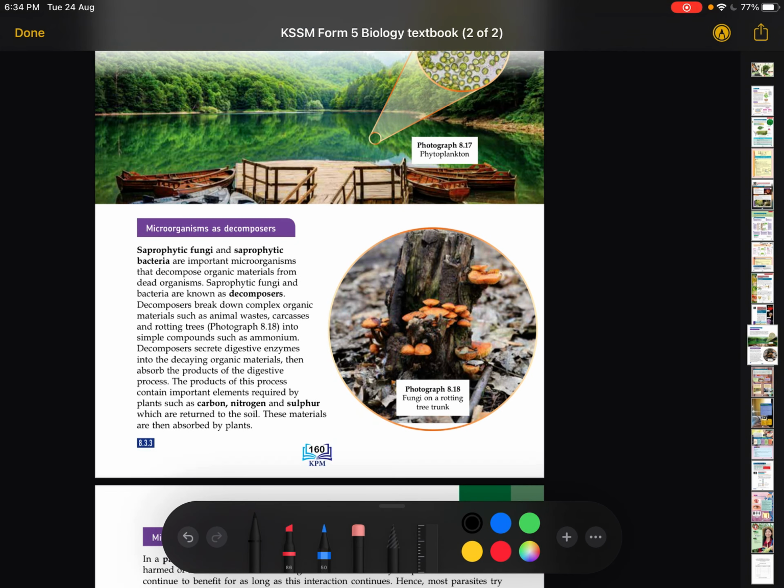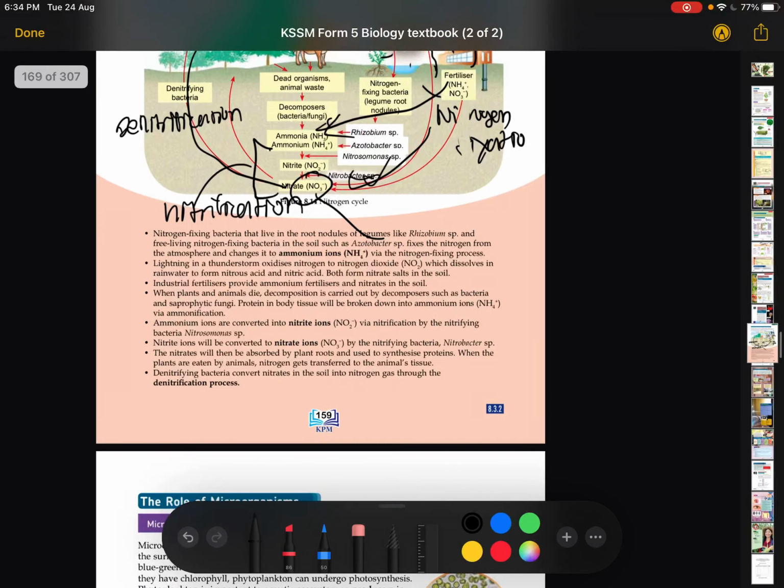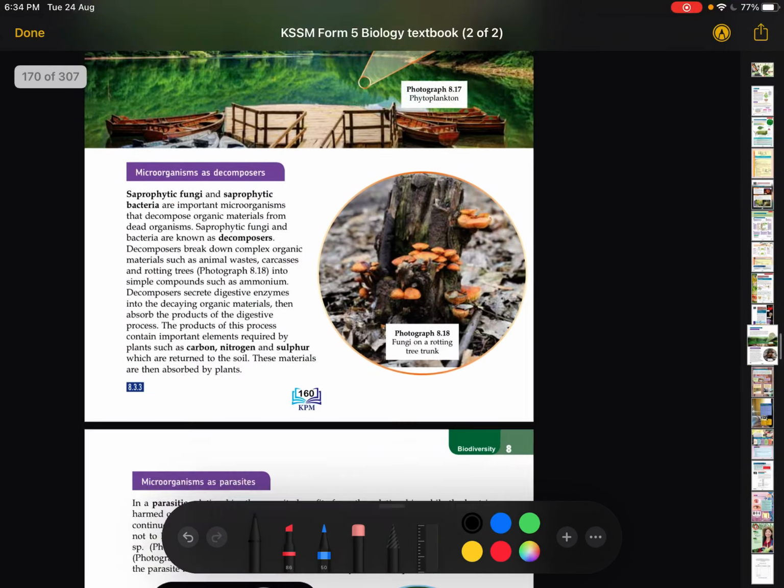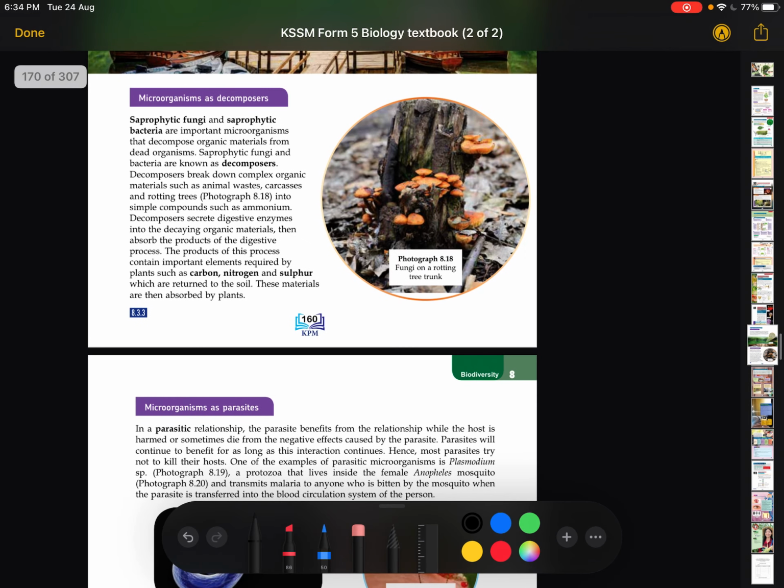Next is decomposers. Some microorganisms like fungi and bacteria can decompose these materials into simpler compounds. Like for example, in here, they decompose these complex compounds into things like ammonium or ammonia.